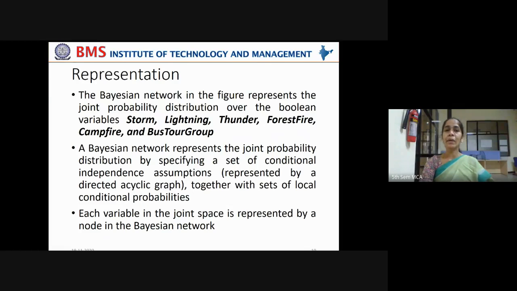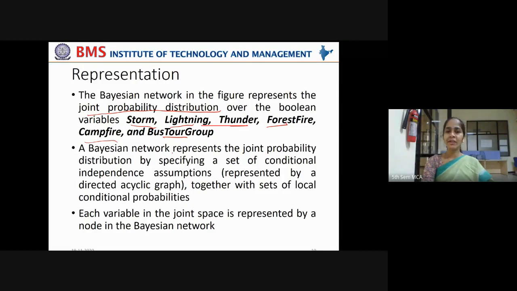That is why we call them Boolean variables. The Bayesian network in the figure represents the joint probability distribution over the Boolean variables: storm as a node, lightning as a node, thunder, forest fire, campfire, and bus tour group. All these are the nodes. And the connections between them explain the dependency between the nodes.